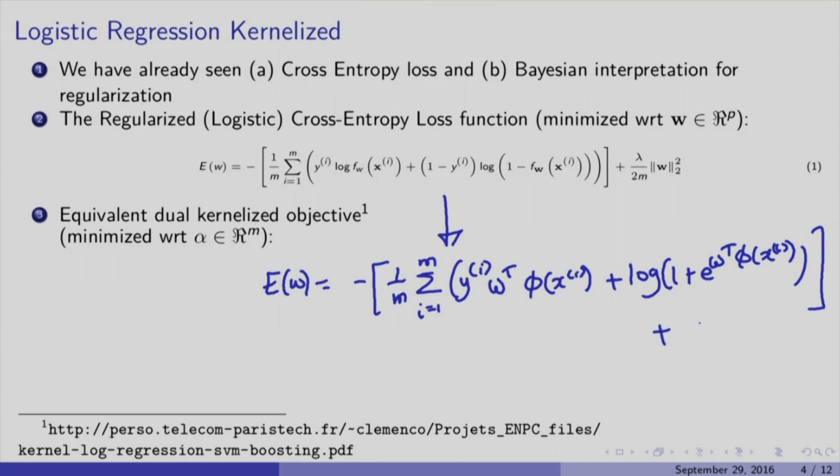Of course, we will also have the regularization lambda by 2m norm W square.